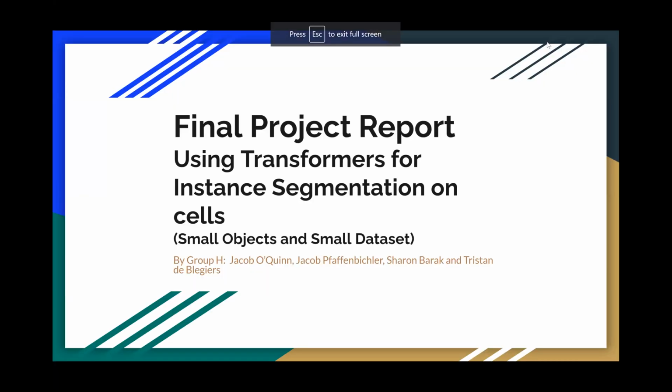So the group H, composed of Jacob, Sharon, Jacob P, and myself, Tristan. Our project was using transformers for our data set, where we have to perform instance segmentation on images of cells, where the two main challenges are that we have some very small objects with a high number of objects per image, and we have a small training data set.